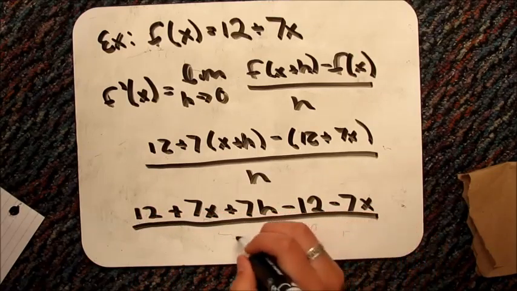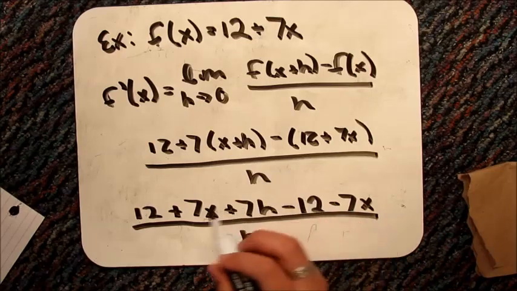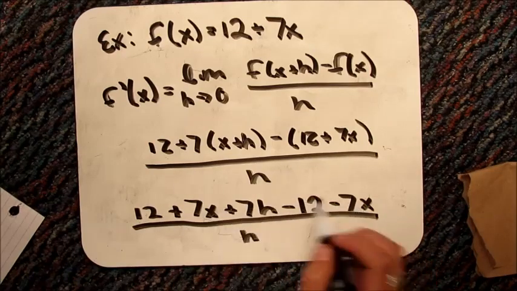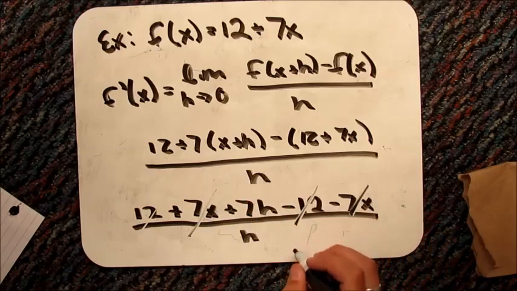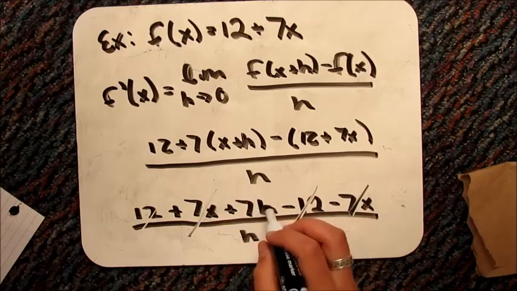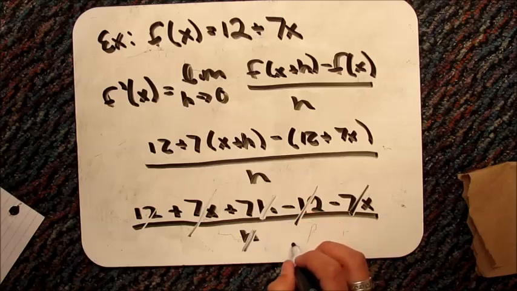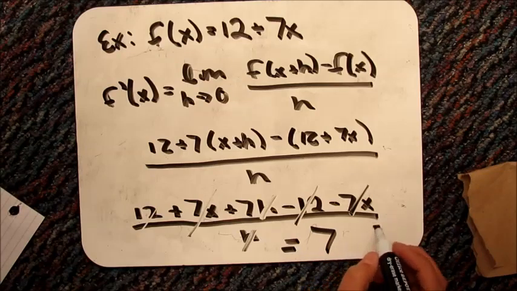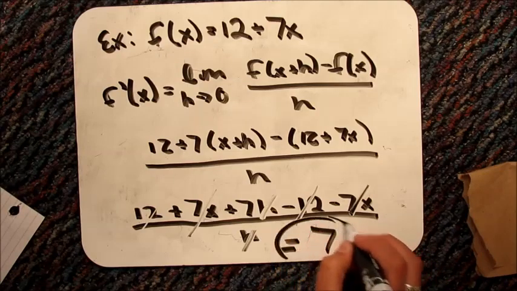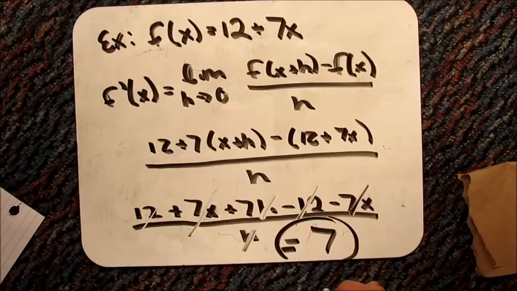And then from here, it looks a little complicated, but it's simple. Our 12s cancel, our 7x's cancel, and our h's also cancel. So what we get is 7, and that's our answer. We'll circle it here. And that's the derivative of that function.